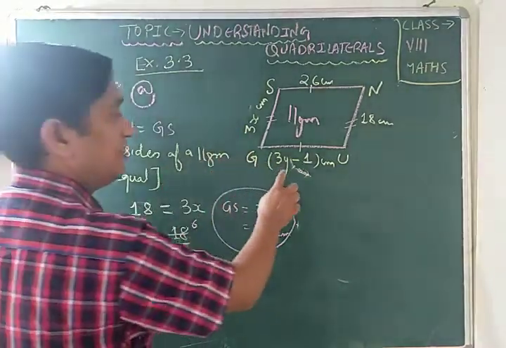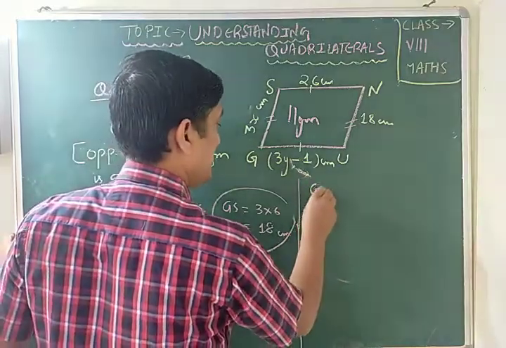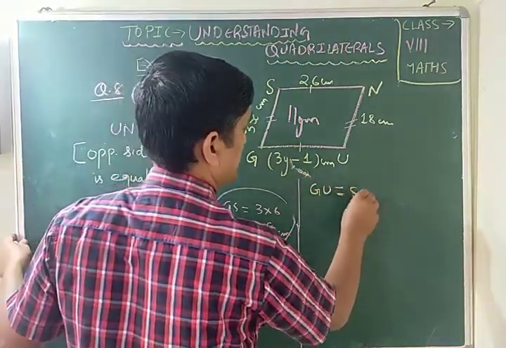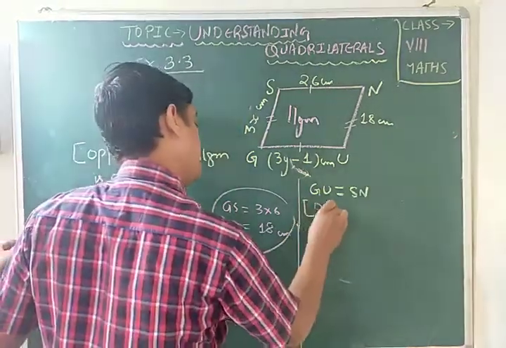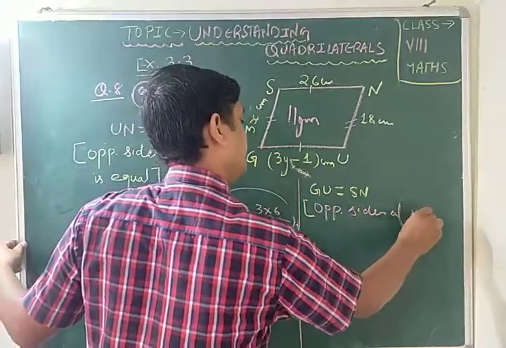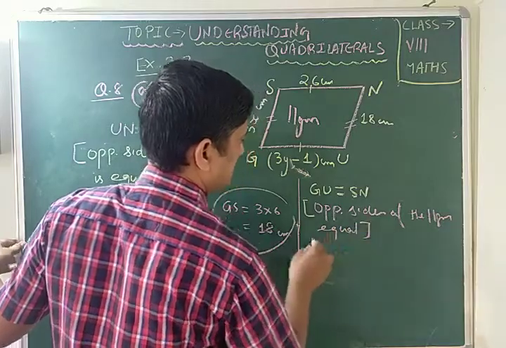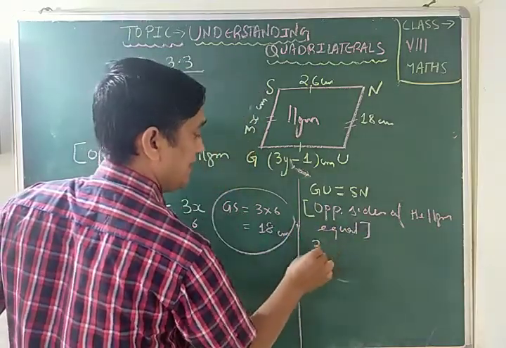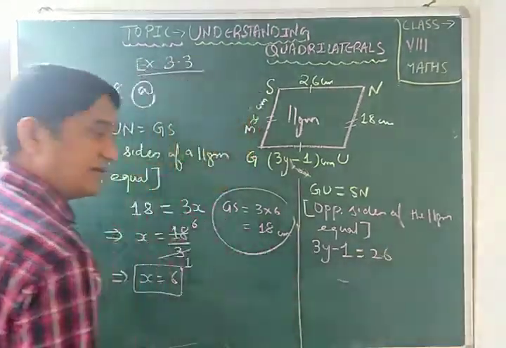Now we have to find the value of y. Again we have to use GU is equal to SN, opposite sides of the parallelogram are equal. It means GU, that is 3y minus 1, is equal to 26.